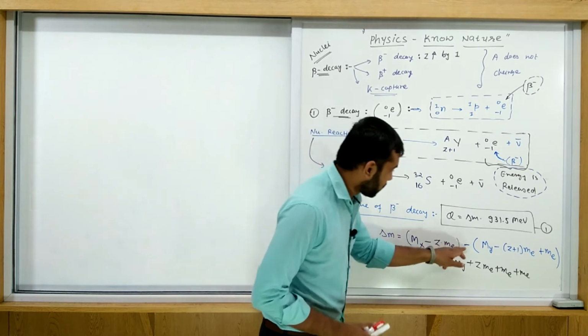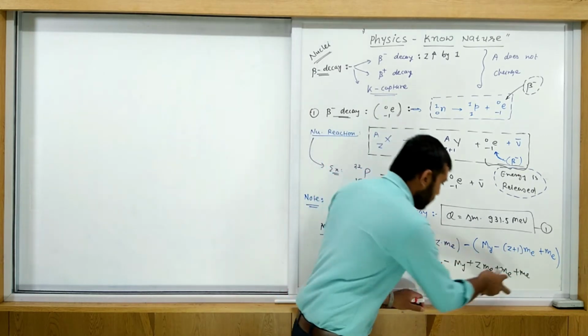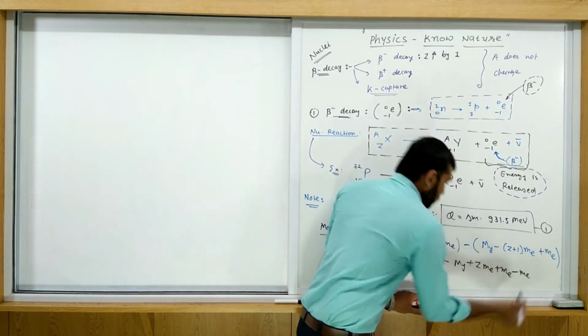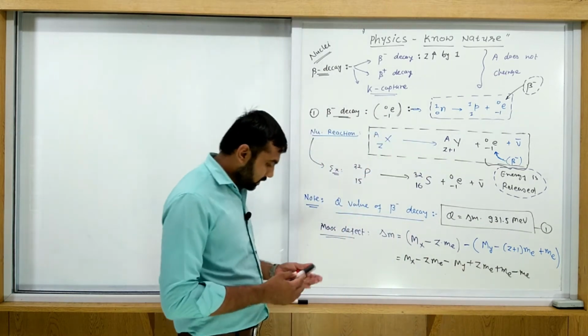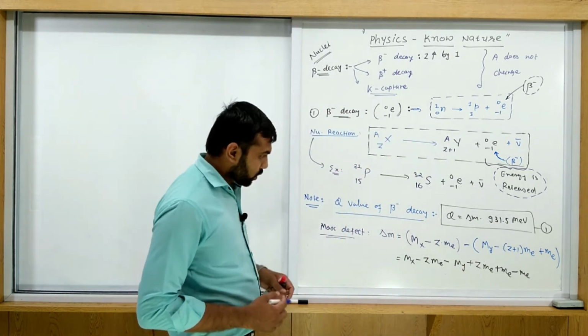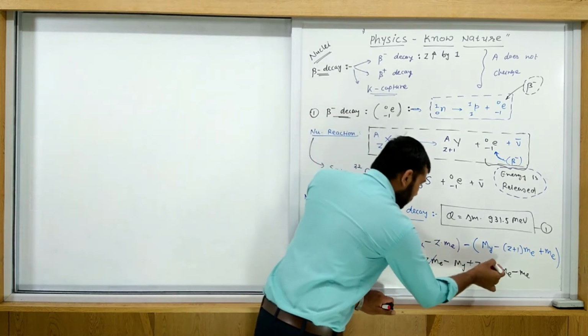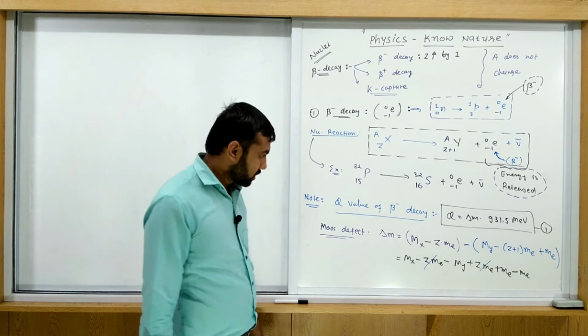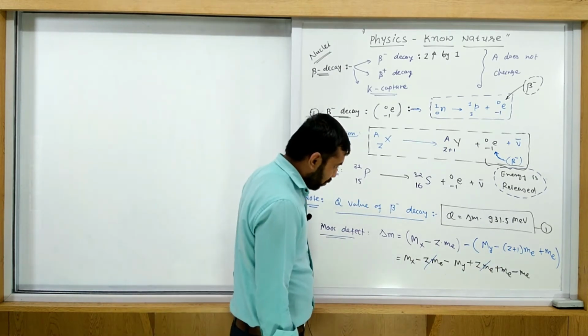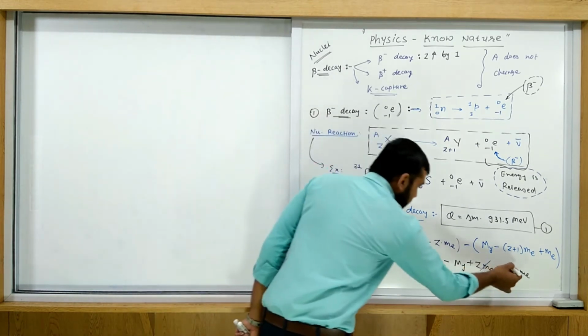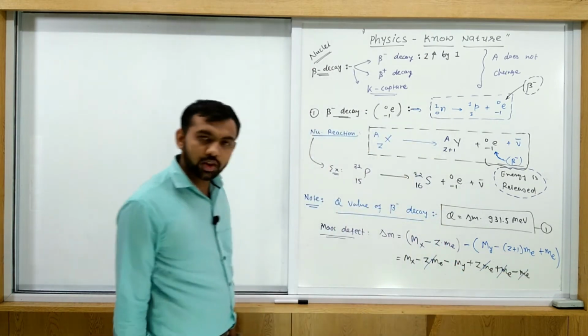Here is a small mistake: plus minus me, so this is the minus me. So anything that is the same cancels out. What is this? See, minus zme plus zme cancel out, then plus me minus me cancel out because plus and minus.